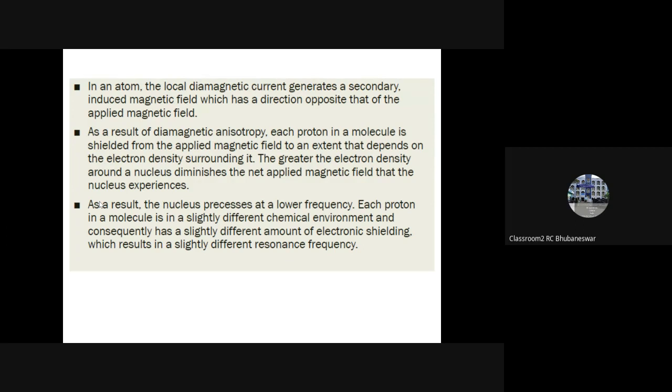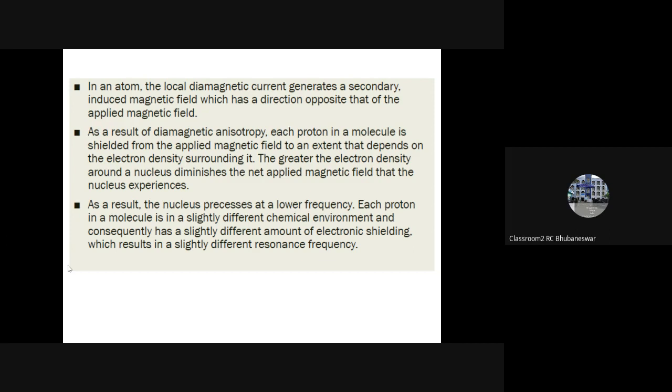As a result, the nucleus precesses at a lower frequency. Each proton in a molecule is in a slightly different chemical environment and consequently has a slightly different amount of electronic shielding, which results in a slightly different resonance frequency.